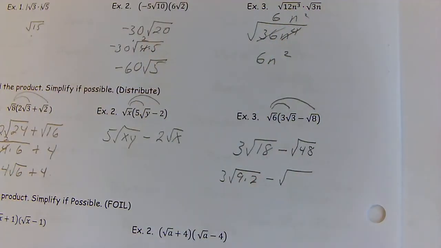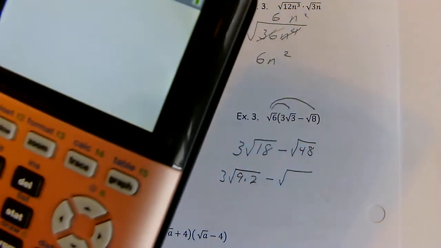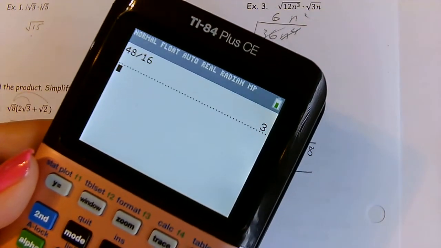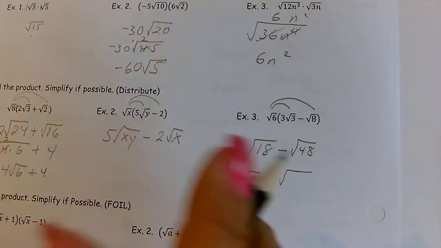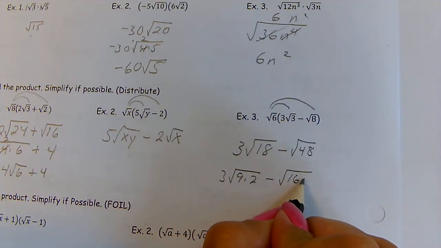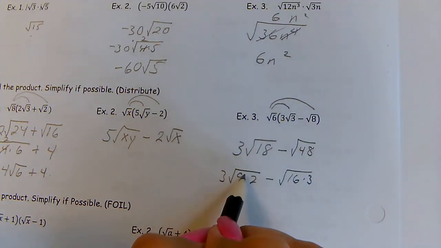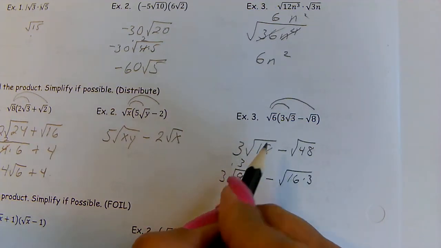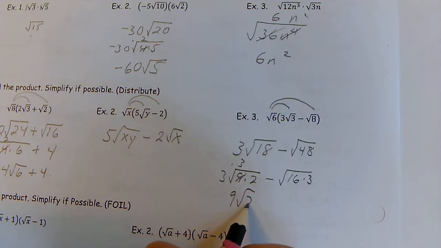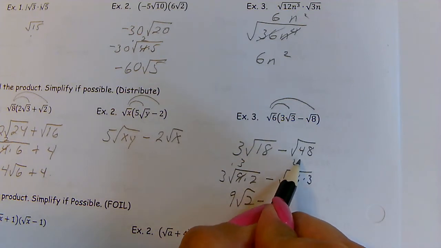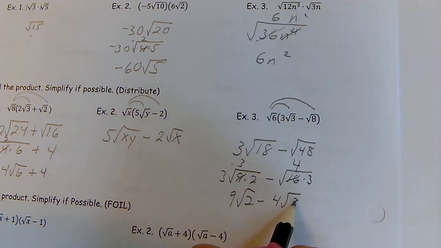I believe this is 16 times 3. Good. Square root of 9 is 3. Multiply those. 9 square root of 2 minus 4 square root of 3. I stop there because they're not like radicals.